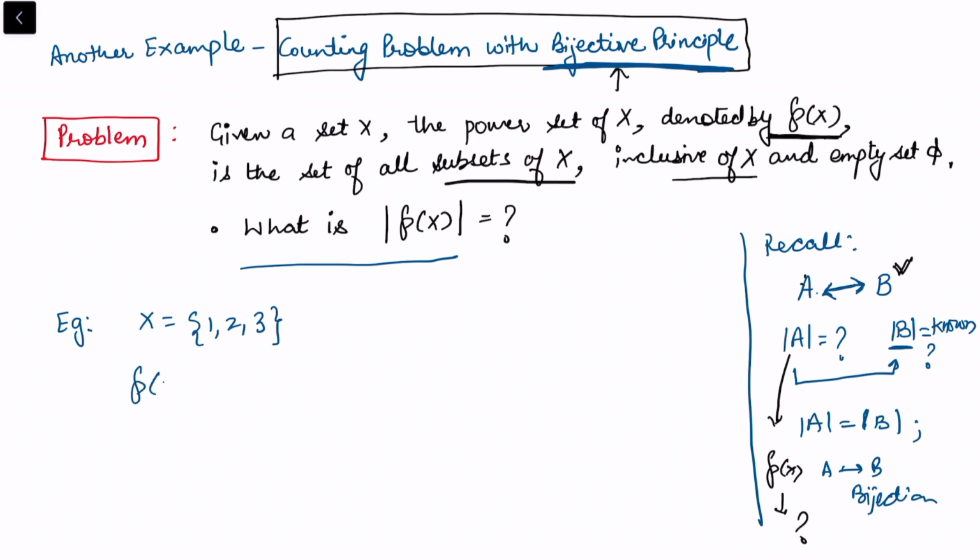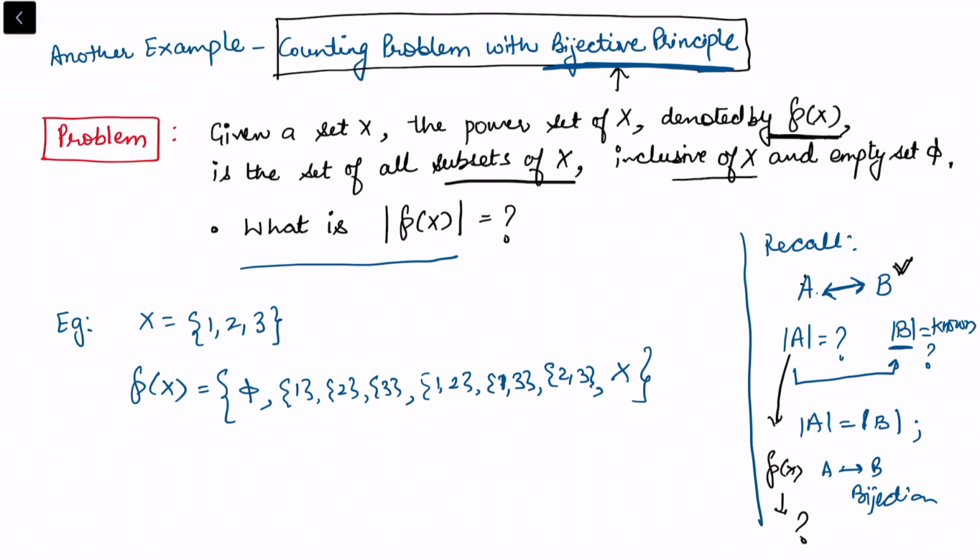The power set of X consists of all the subsets of X, including X itself. So we have the singletons {1}, {2}, {3}, then we have the two-element subsets {1, 2}, {1, 3}, and {2, 3}, and we have the set which consists of the whole set, {1, 2, 3}.